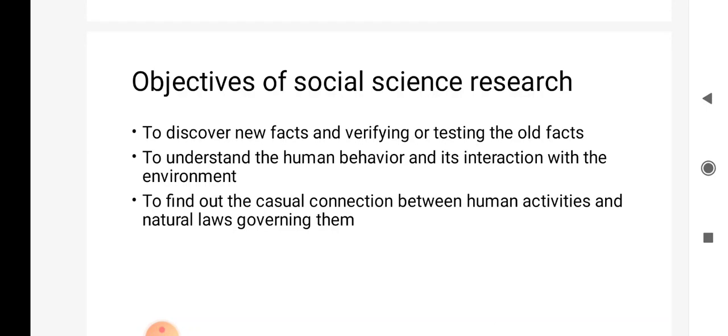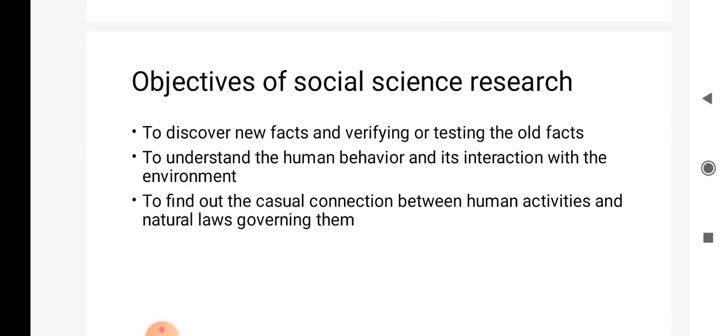Then, to understand human behavior and its interaction with the environment. Now we know that because we have deforested, we have cut all the trees, it is having an adverse effect on the life of the people and on nature. How we have acted toward nature is now reacting on us.